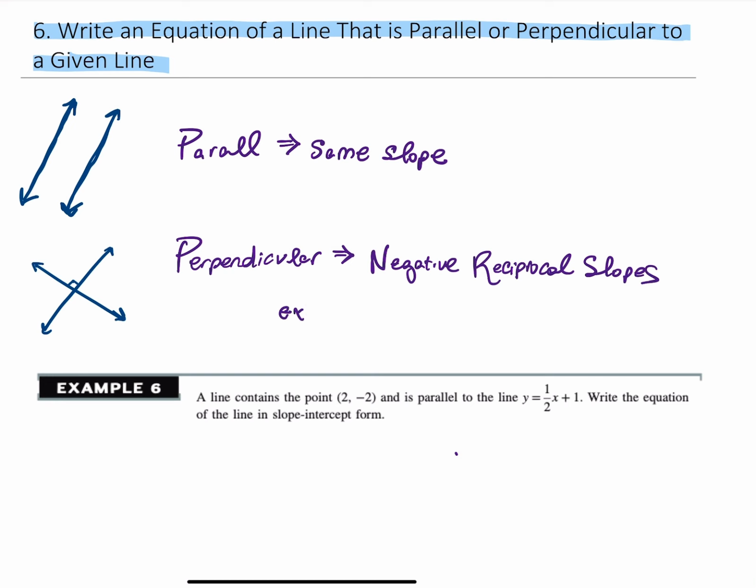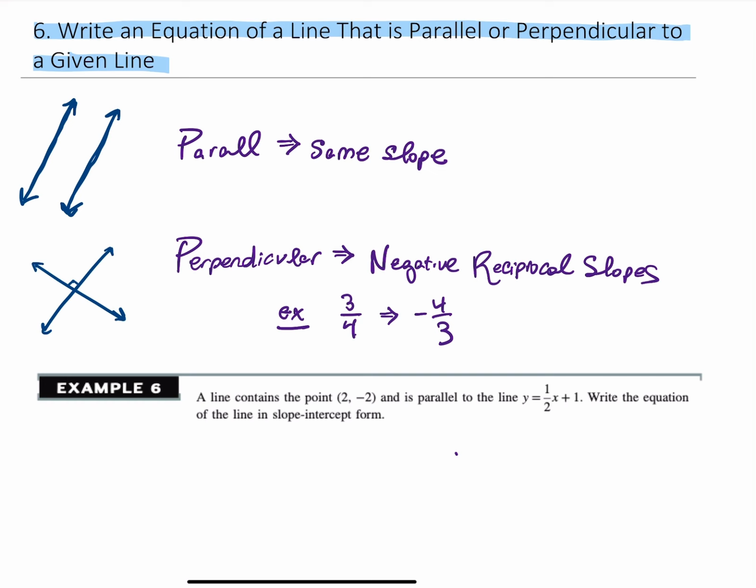So if one slope is 3 over 4, then the perpendicular slope would be negative 4 over 3. So the sign goes from positive to negative, and the fraction flips. If it was already negative, if it was negative 3 over 4, then this would be a positive 4 over 3. So it doesn't always go from positive to negative. If it's already negative, it'll become positive. The main thing is that the sign of the slope switches, and then the fraction flips. That's what they mean by negative reciprocal.